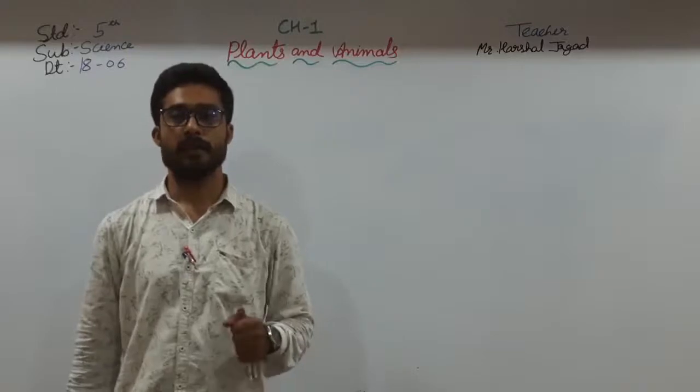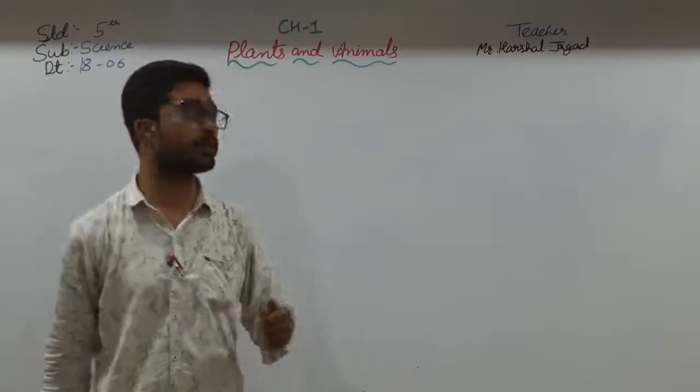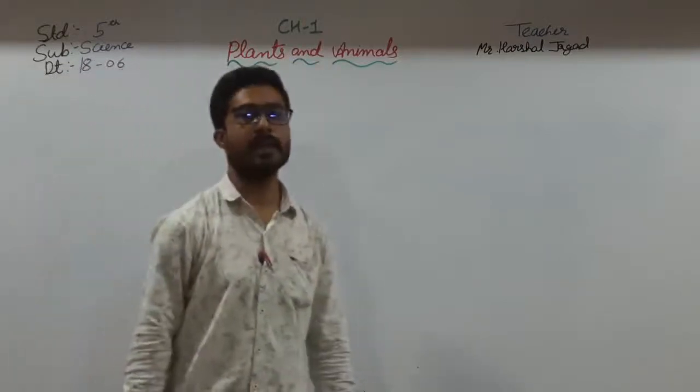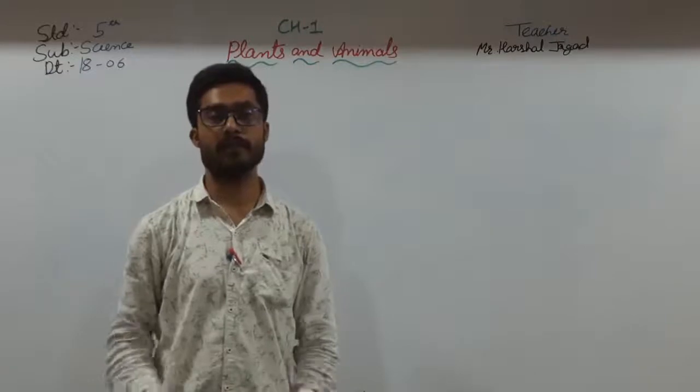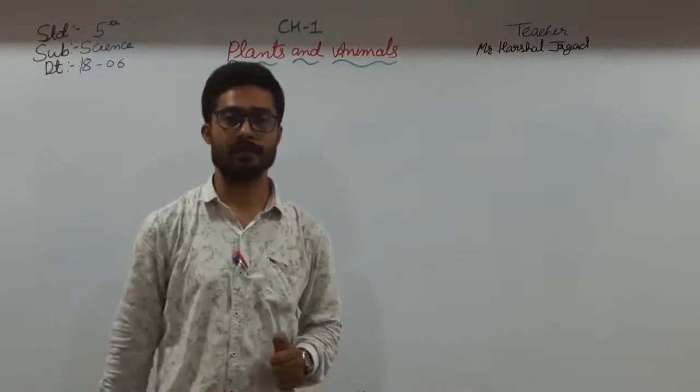So in the very first video we have just started the new chapter, chapter number 1, plants and animals. In that we have seen some of the characteristic features of plants and animals. Let us just revise this all.